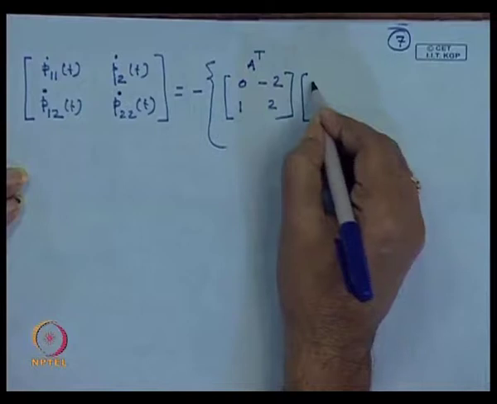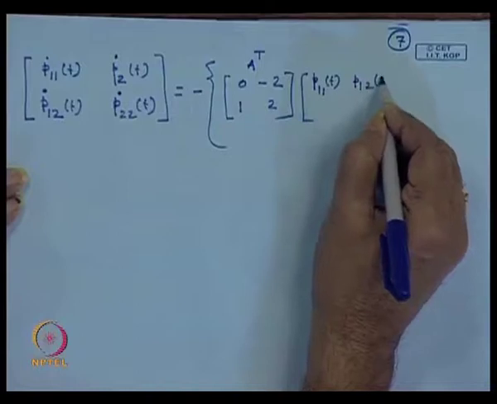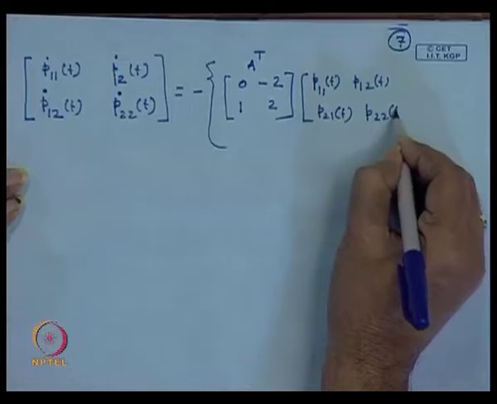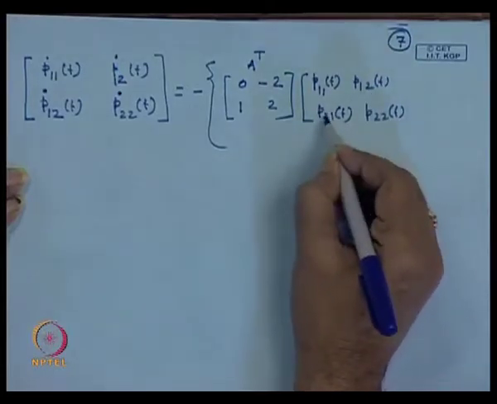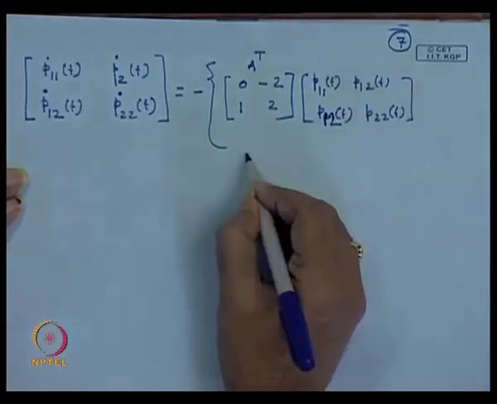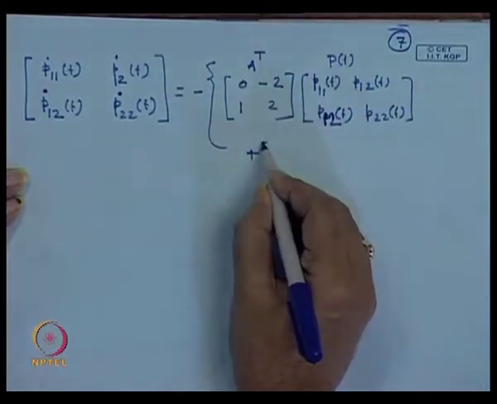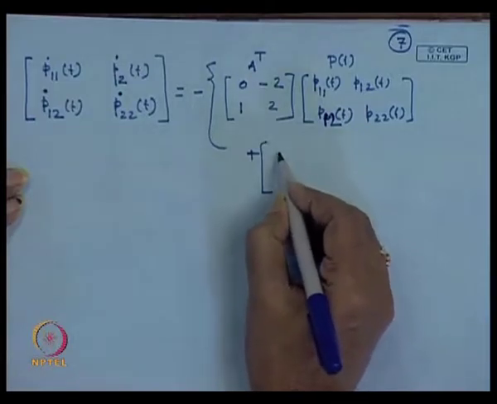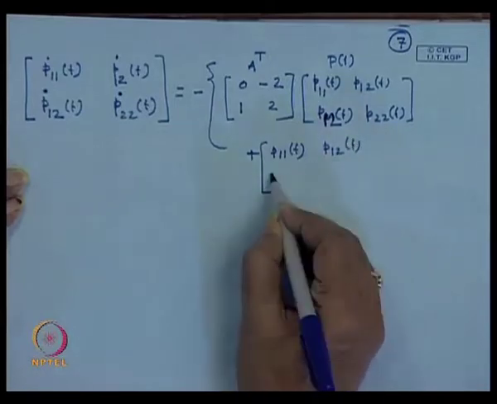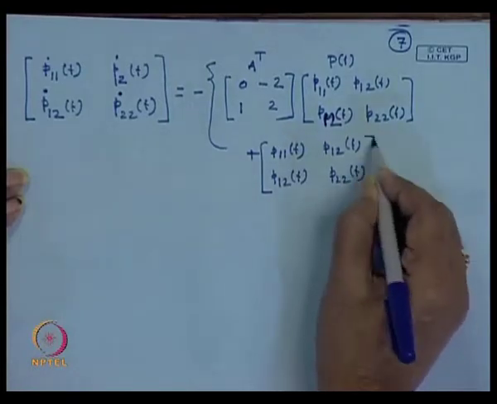Then P 1 1 of t, P 1 2 of t, P 2 1 of t, P 2 2 of t. Since P is a symmetric matrix, this is A transpose P of t, agree. Then P of t, P 1 1 of t, P 1 2 of t, P 2 2 of t into A.